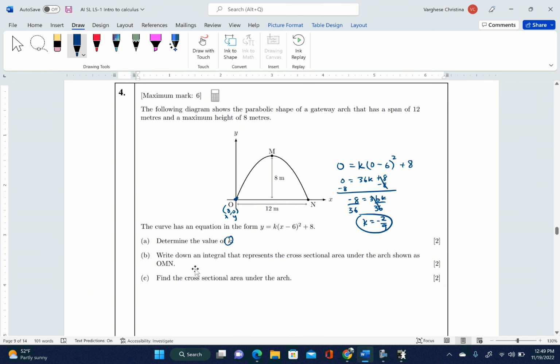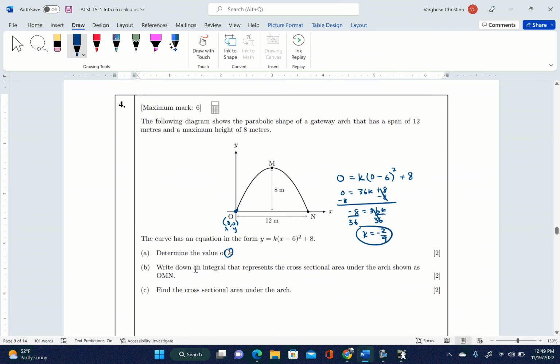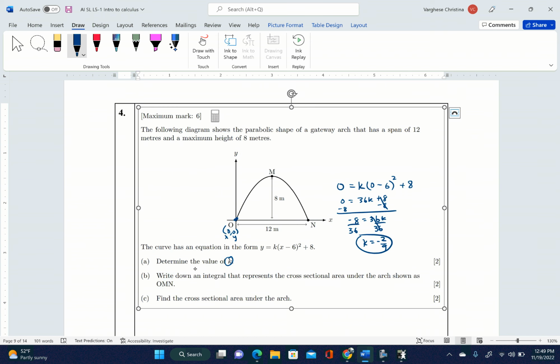Okay, good. That just earned me 2 points. Write down an integral that represents the cross-sectional area under the arch shown. So I have my integration symbol from 0 through 12. So 0 to 12 because I want to find under the arch.